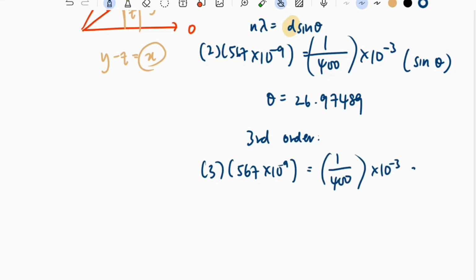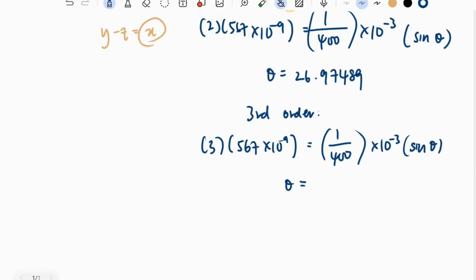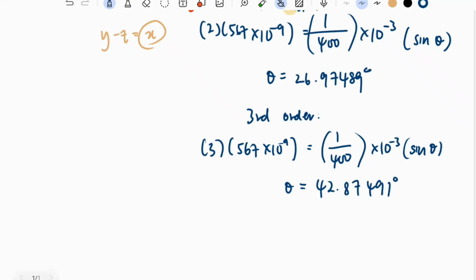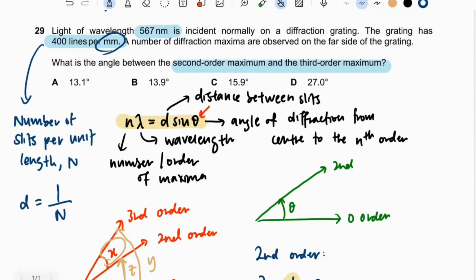I know in exam you may do your calculation fast, but make sure you are aware of what you're putting in your calculator so that you don't get it wrong. Okay. And I will get 42.87491 degrees.